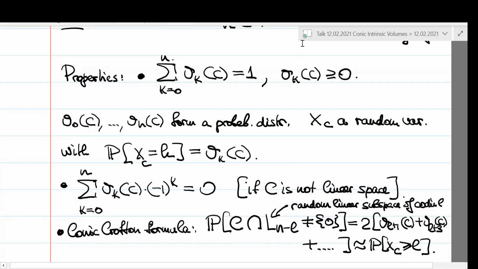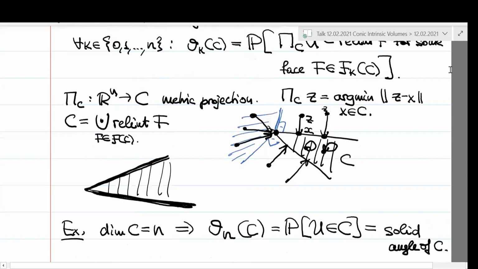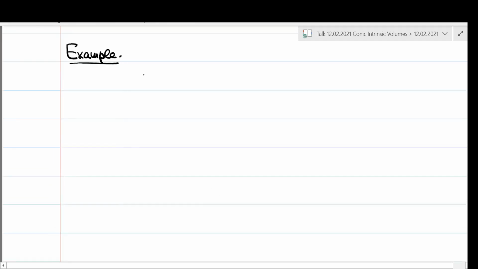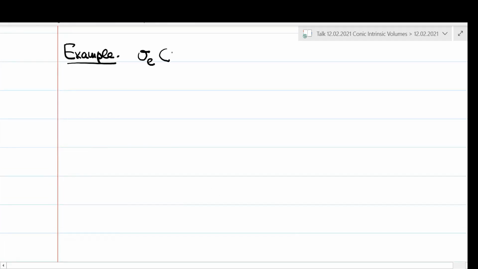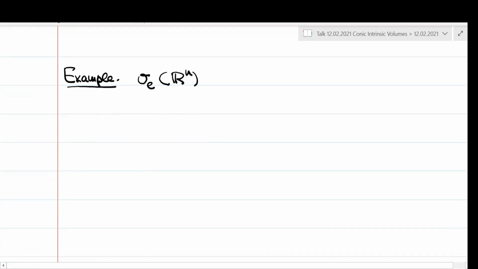Okay. And now let us consider the following example, again following Donoho and Tanner. The cone we are interested in is just the positive orthant times the whole Euclidean space. Now let us take just the positive orthant in dimension n, and let us compute its n-th intrinsic volume.